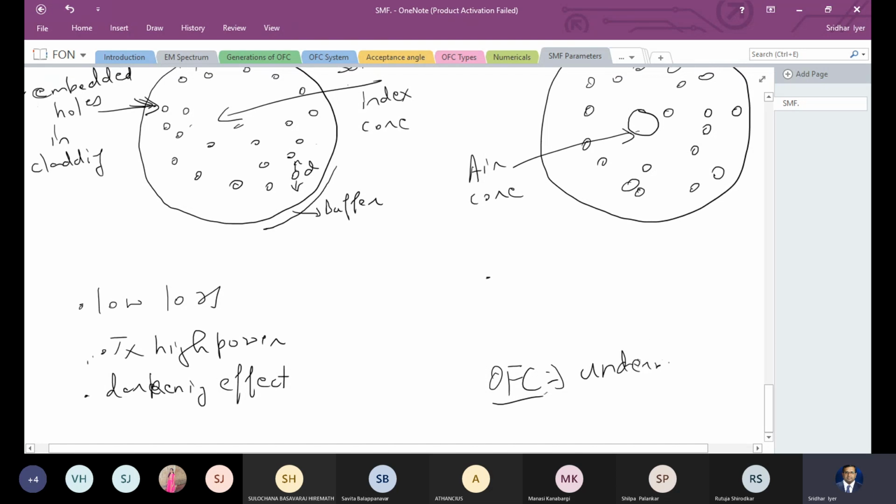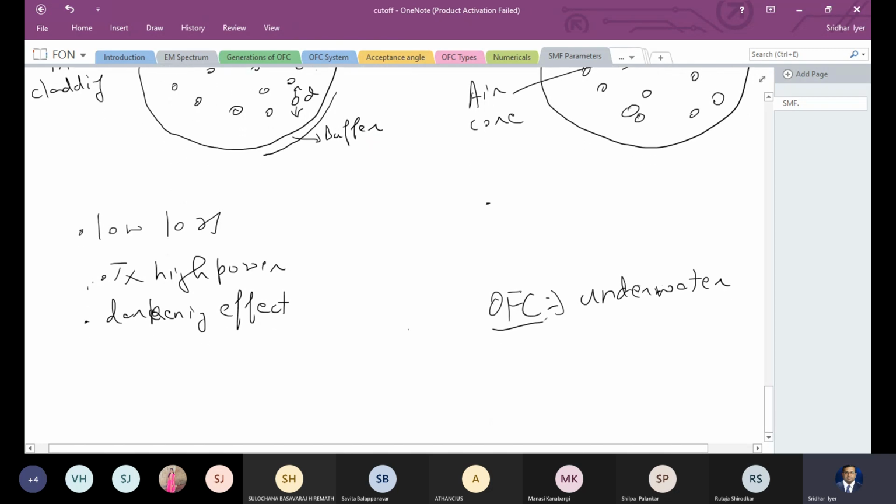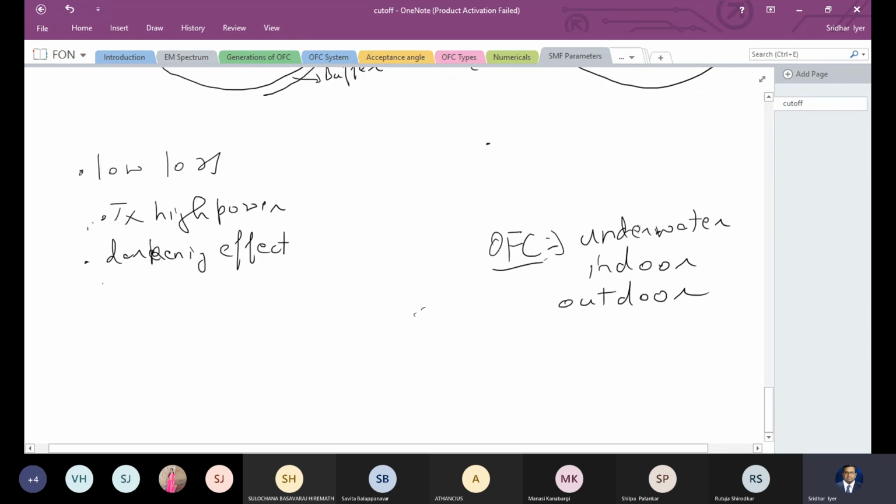So for this underwater communication, mostly the fibers are used because the Wi-Fi is not going to work. You can also use these OFC for indoor communication, and you can also use them for outdoor communication. Just to give you additional information, the optical fibers, the OFCs, are mainly backbone. These are the backbone networks.